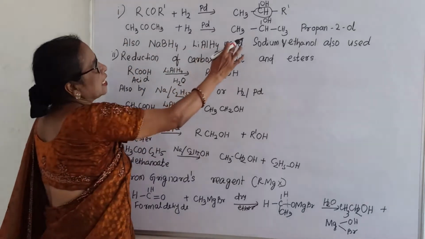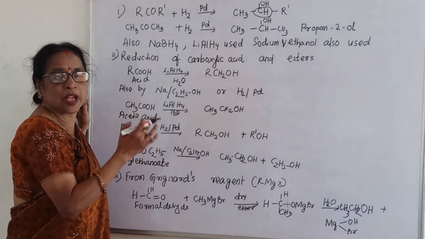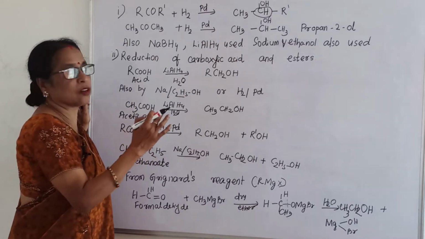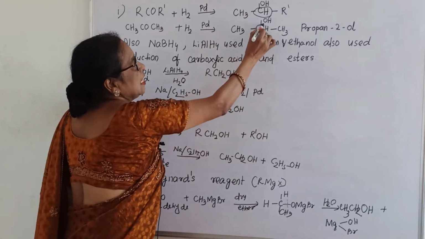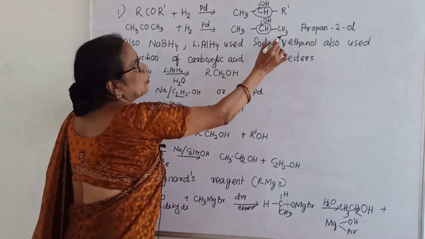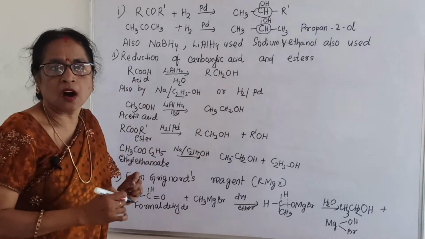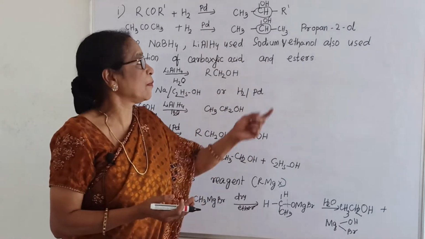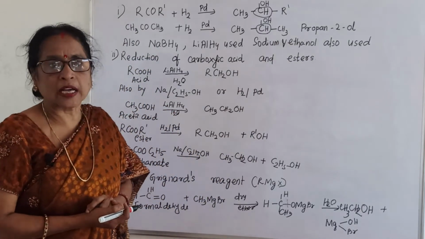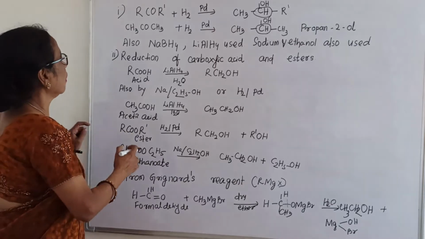CH3CHOHCH3. What is that by common name? Isopropyl alcohol. See, this is the condition where the OH group is attached to CH, and this is the iso group, so isopropyl alcohol. And what is the IUPAC name? The name is propan-2-ol.